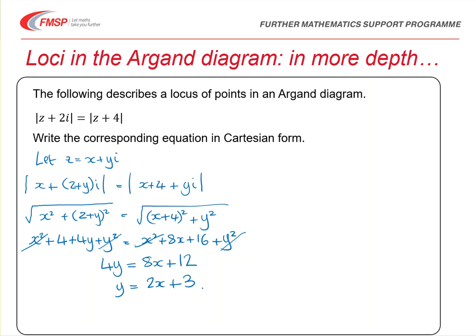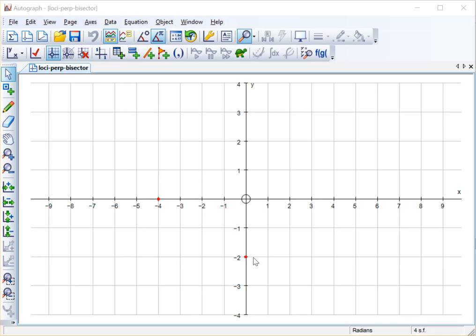We were expecting a straight line, but it's worth going back to the original equation and making sure that it is indeed the correct perpendicular bisector. Rewriting the original equation as the modulus of z minus 2i equals the modulus of z minus 4, I've used graphing software to plot these 2 points.